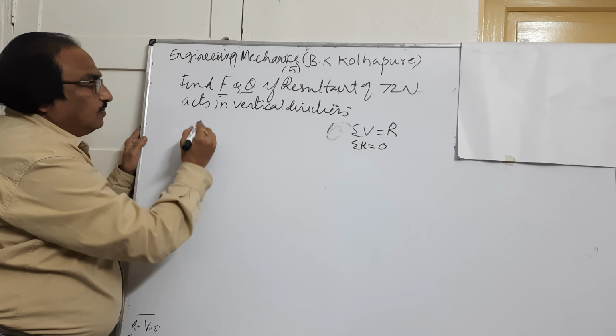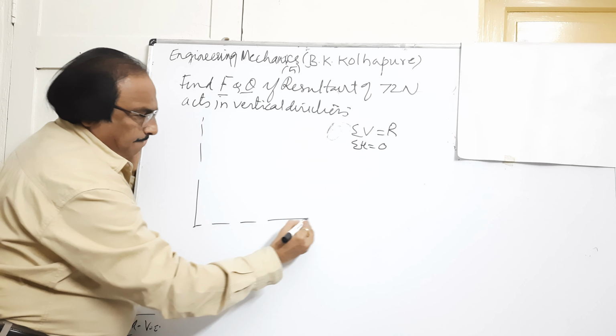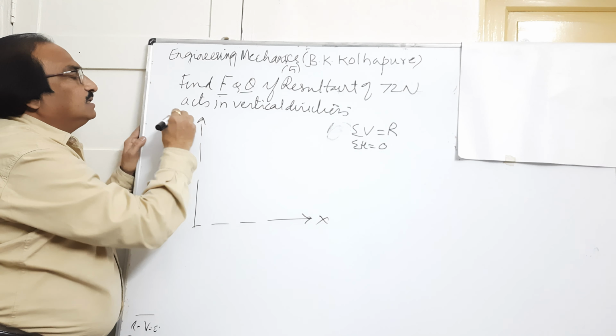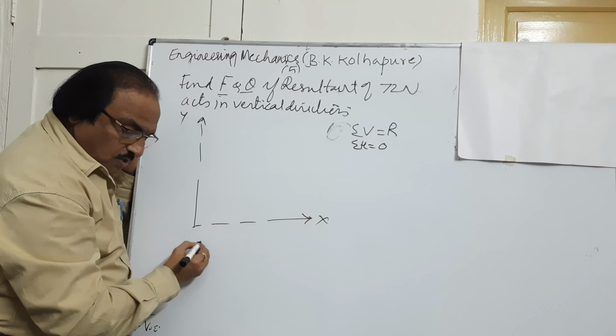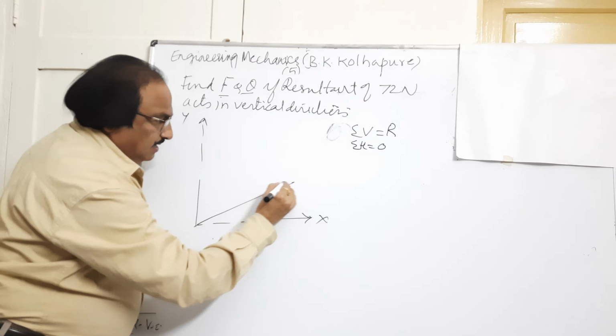So let us see the problem here. This is x direction, this is y direction. There is one force acting here, 10 Newton, making an angle of 30 degrees. There is unknown force F making an angle of, let us take this as alpha, and there is one more force here, 40 Newton, making an angle of 30 degrees with the vertical.